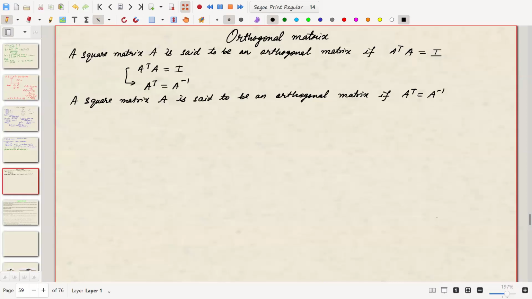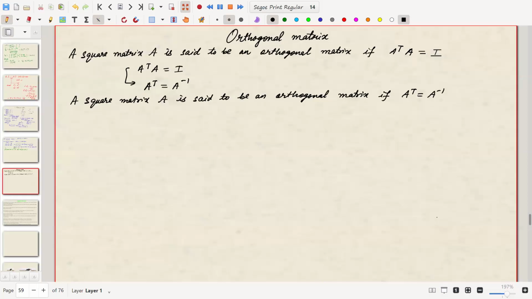But in this definition so far, we did not see anything related to perpendicular. So there should be something related to the elements of the matrix. Can you give me a hint? Just think about it.